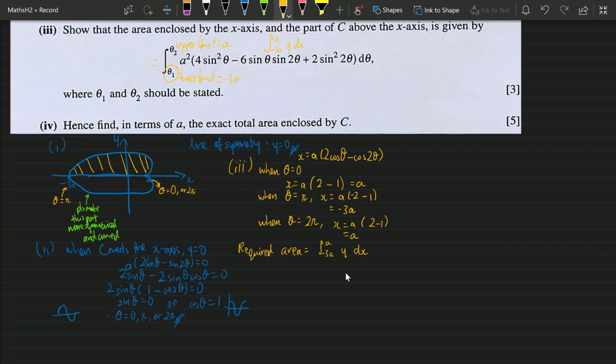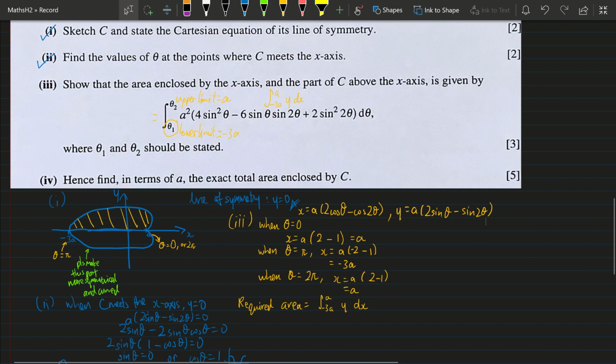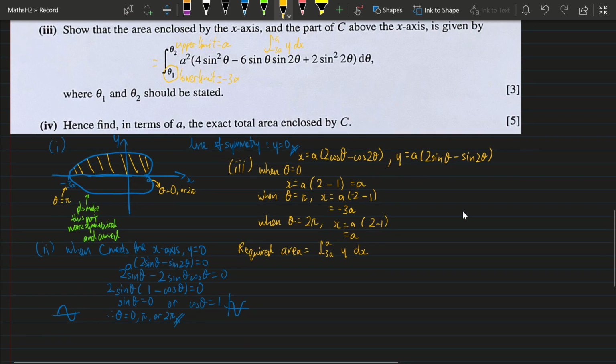But y is in terms of theta, let's not forget. Let's just write down the equation in case we forget: y equals a times 2 sine theta, subtract sine 2 theta. So that's what our y is. If we put this expression for y inside, we'll get something in terms of theta.